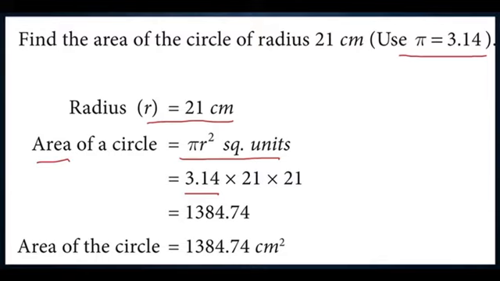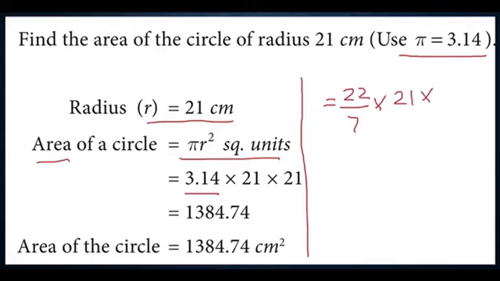Okay. In case, if we use pi is equal to 22 by 7 instead of 3.14, what will happen? Instead of pi, I substitute 22 by 7 into r square, right. So, 21 into 21. Okay. 1 7 is 7, 3 7s are 21.